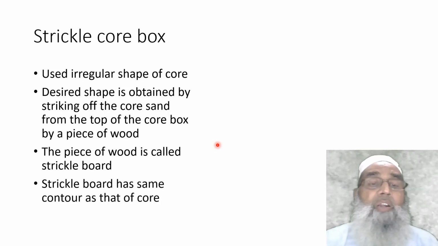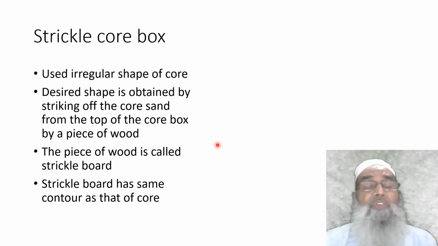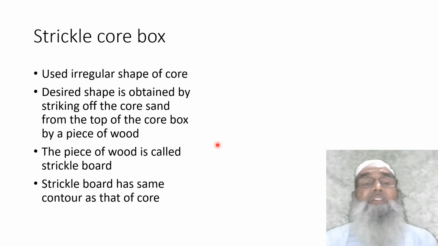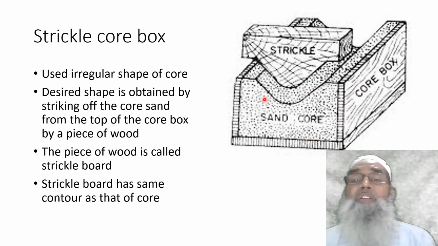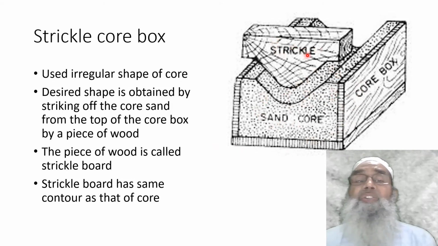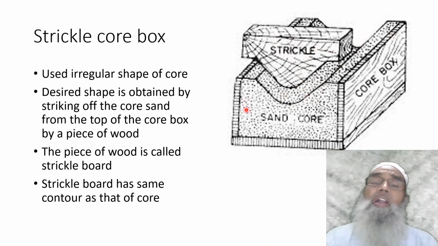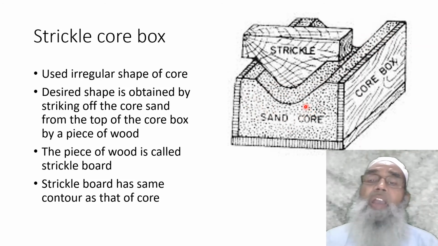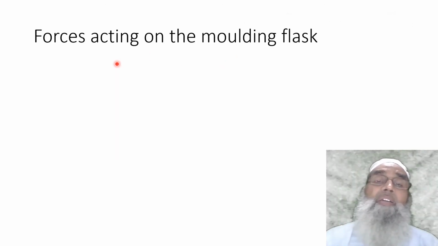The strickle board has the same contour as the core we need. The extra sand is struck off, then the cores are taken out, baked, and ready for assembly in the mold cavity.